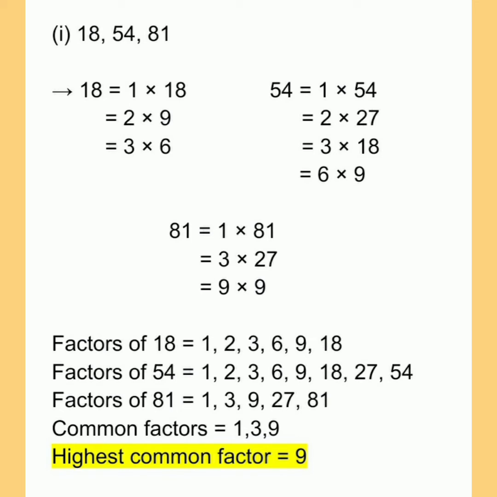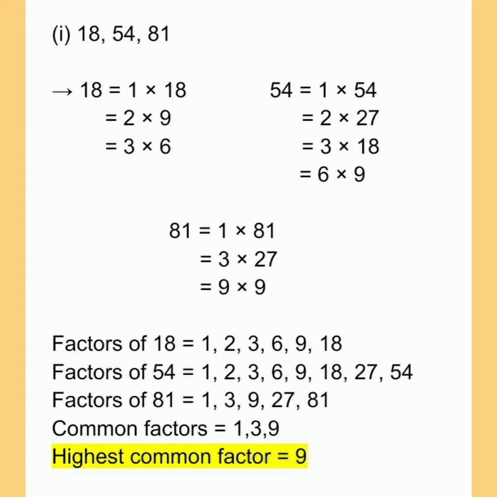Factors of 81 are 1, 3, 9, 27 and 81. We see the common factors are 1, 3 and 9, so the highest common factor will be 9. Okay, I hope you have understood.